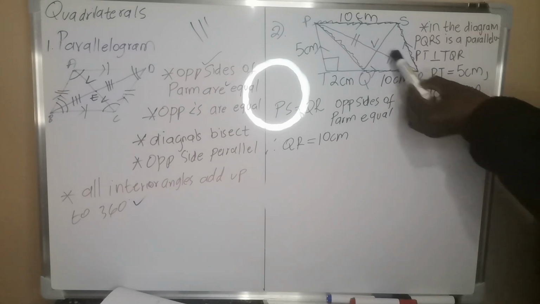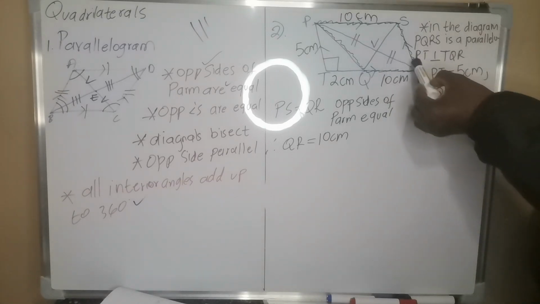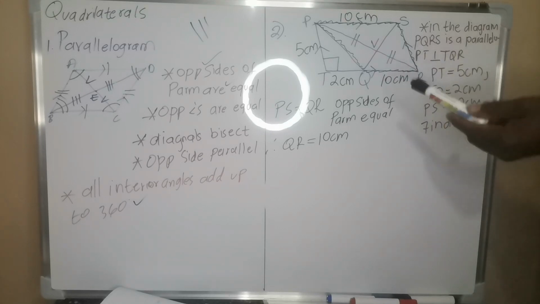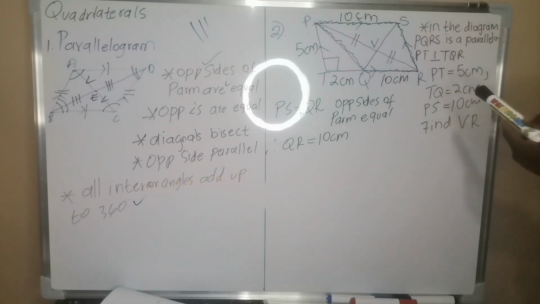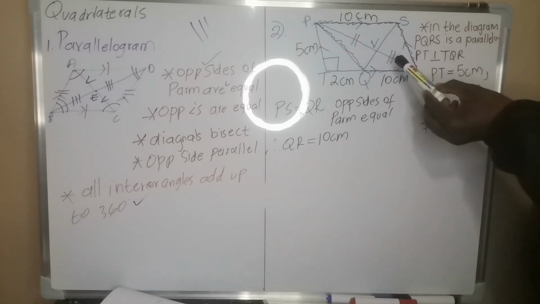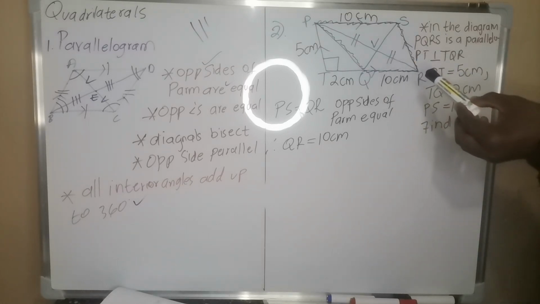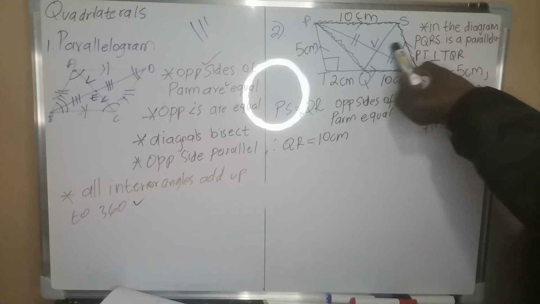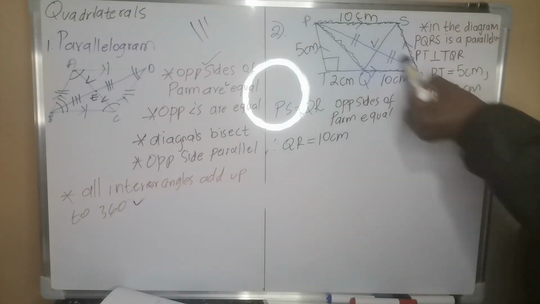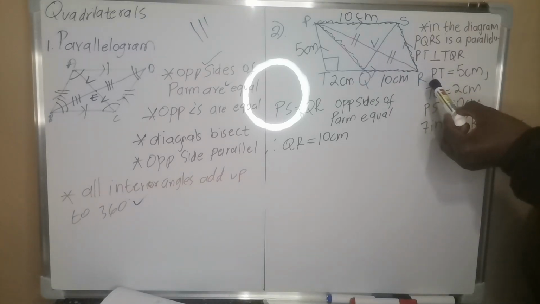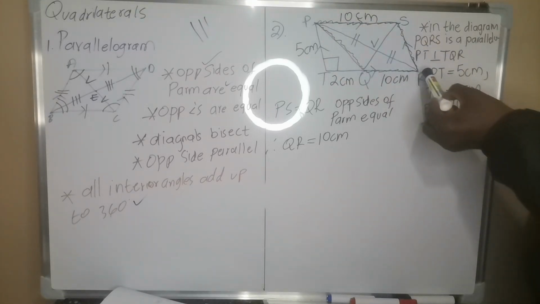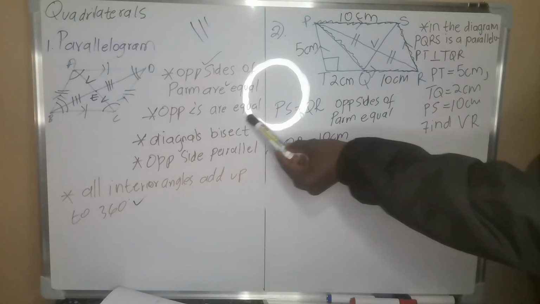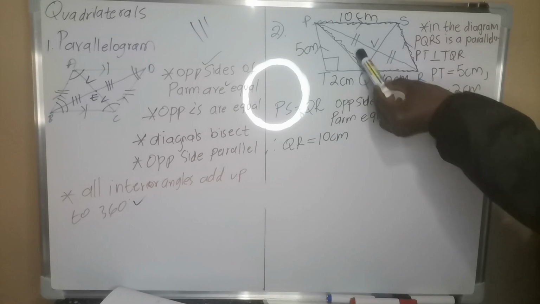Now, how can we find VR here without wasting any time? It's very simple. The simplest way to find VR is by saying VR is part of PR. This length is part of PR, and these are diagonals. Diagonals bisect, which means they share the length.